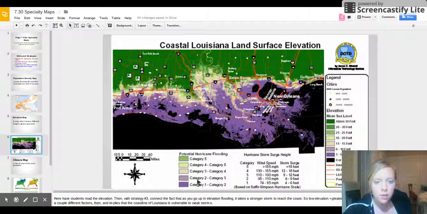Now, the lighter purple is the next strengthened storm, and so on. So that means that a category 5 hurricane can flood all the way up to Baton Rouge, which is about 21 to 25 feet above sea level.